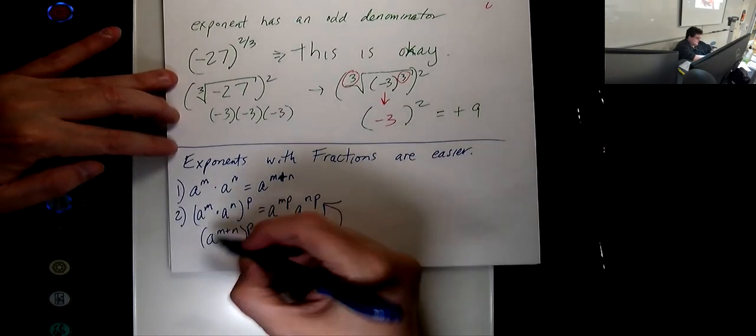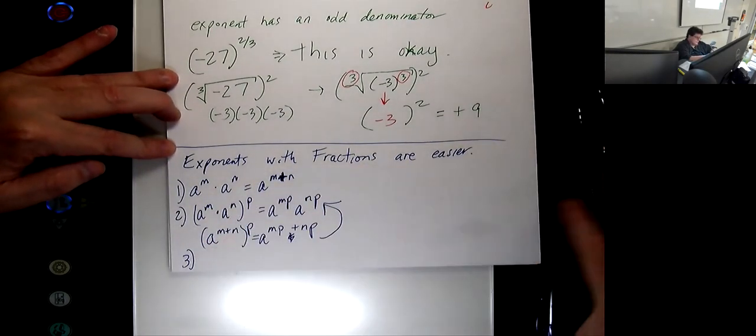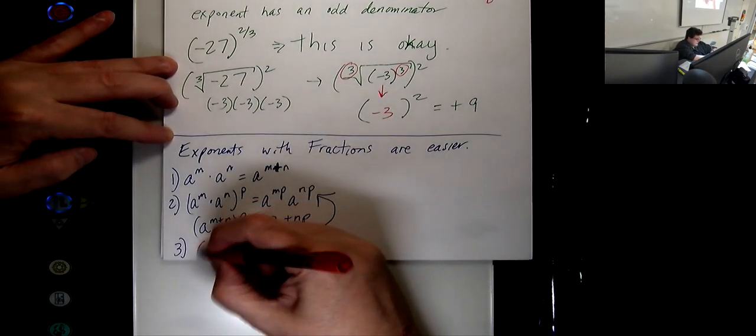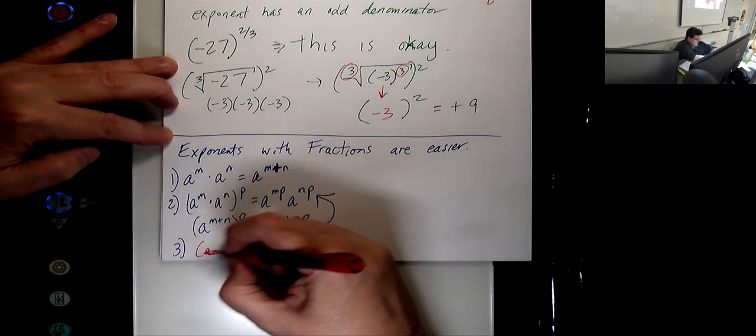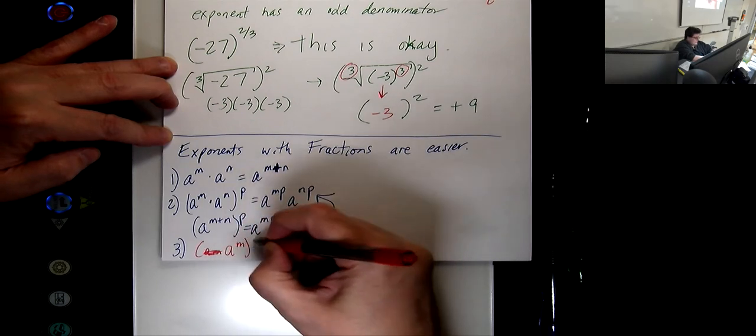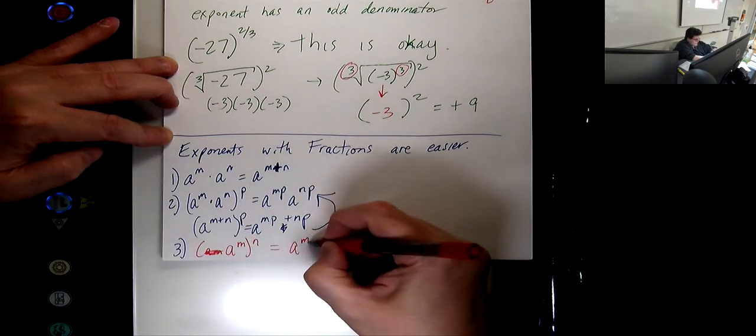The one that does do the multiplication is, I'll change colors so it shows up a little bit easier, a to the m and then to the n. That's where the exponents are multiplied.